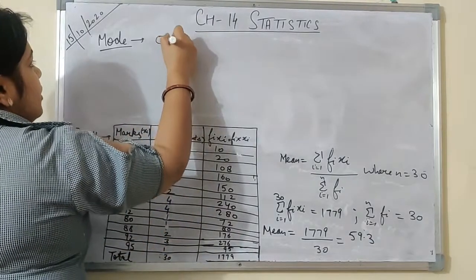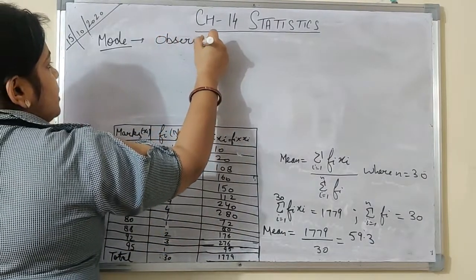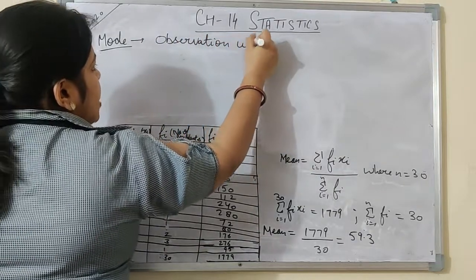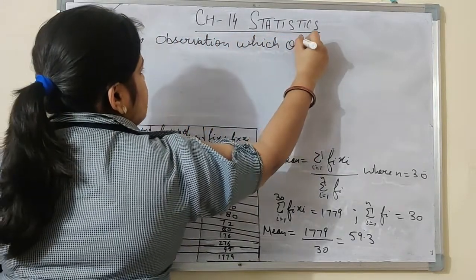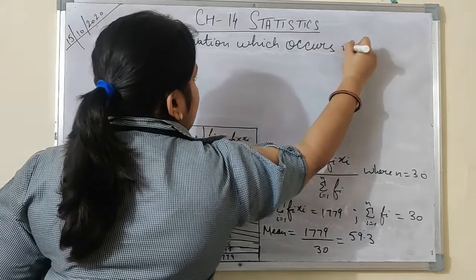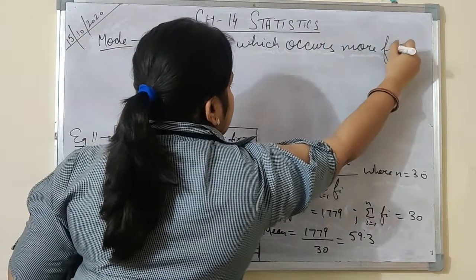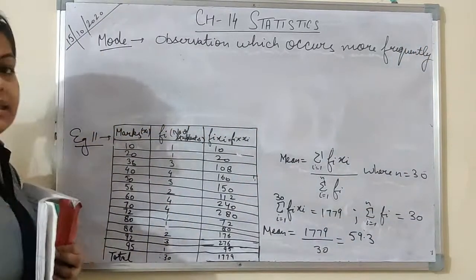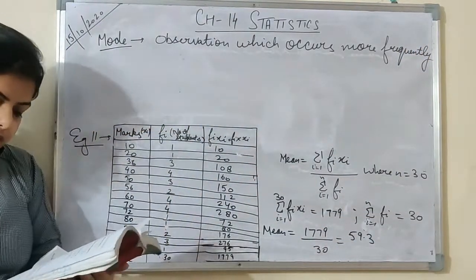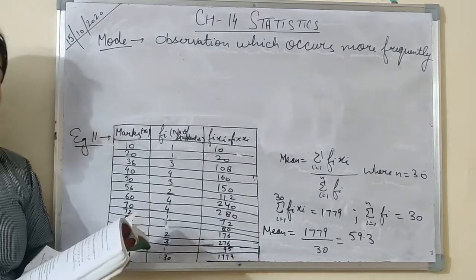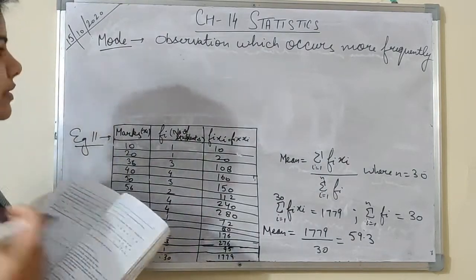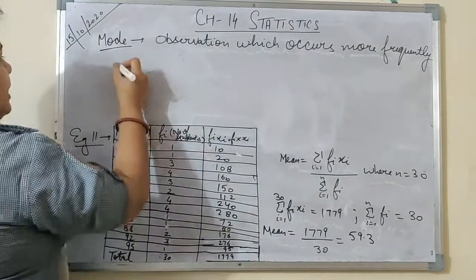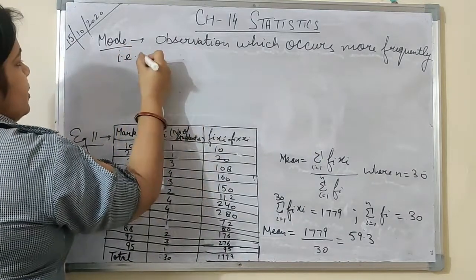So I am writing here, mode is the observation which occurs more frequently. I think by this statement it is very clear that it is the observation with the maximum frequency or the observation which occurs more frequently.